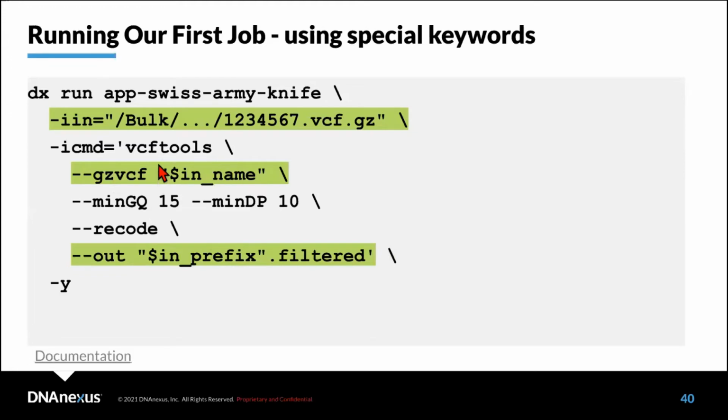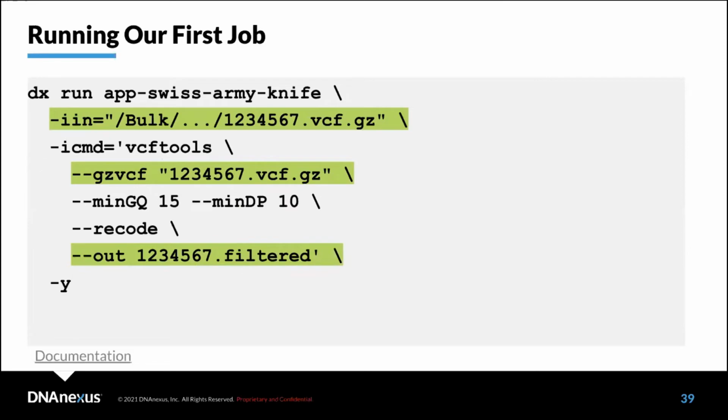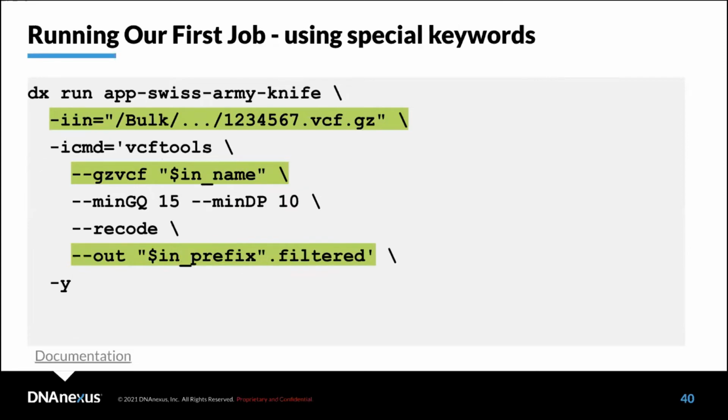Instead of the exact file name, we can use in_name for the gzipped VCF, and in_prefix combined with "filtered" for our output prefix naming. Okay, I'll just flip back and forth so you can see the differences. Here is the hard-coded name, and here are the special keywords.